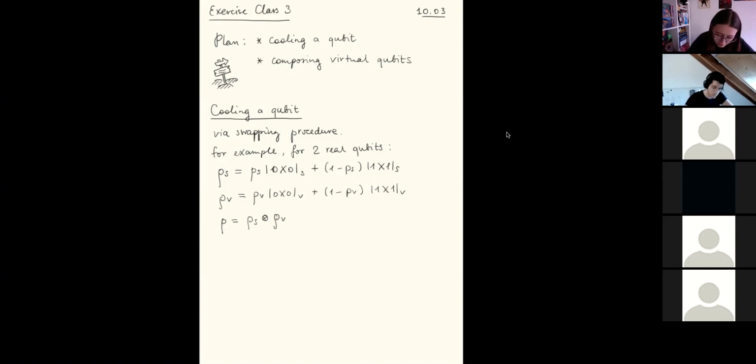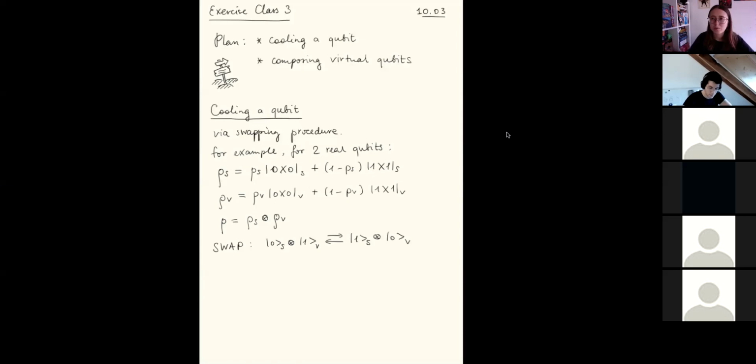Then the swap operation just exchanges these two states: |0⟩_S tensor |1⟩_V is exchanged with |1⟩_S tensor |0⟩_V.